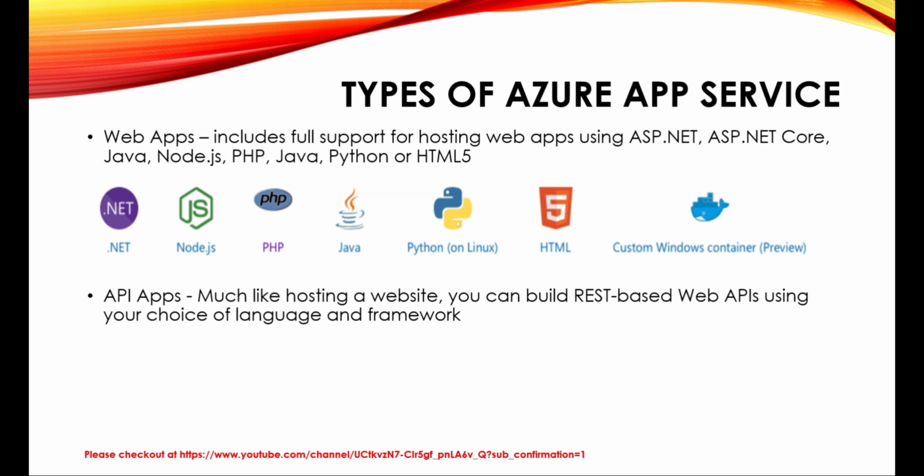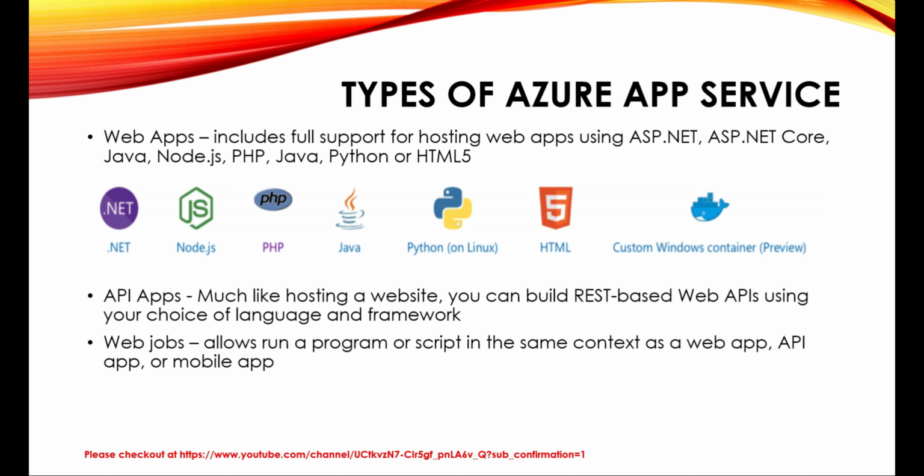Okay, great. Now let's move to the next one, that is web jobs. Web jobs allow you to run a program which could be in the format of .exe, Java, PHP, Python, or Node.js, and it can also help in running scripts such as .cmd, .bat, PowerShell scripts and Bash scripts in the same context as a web app, API app or mobile app.